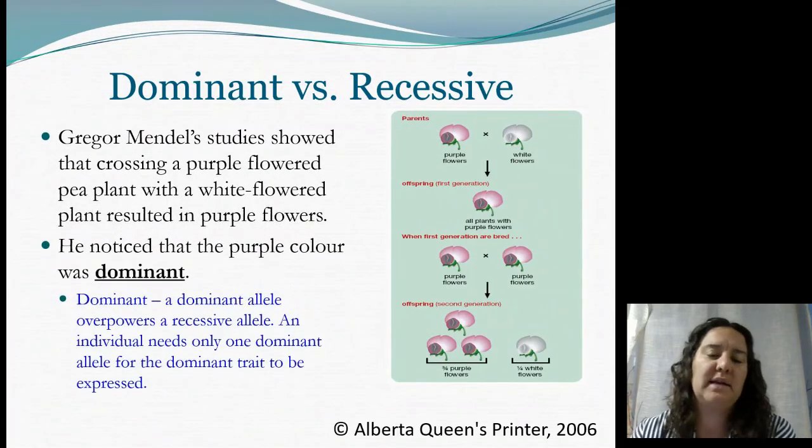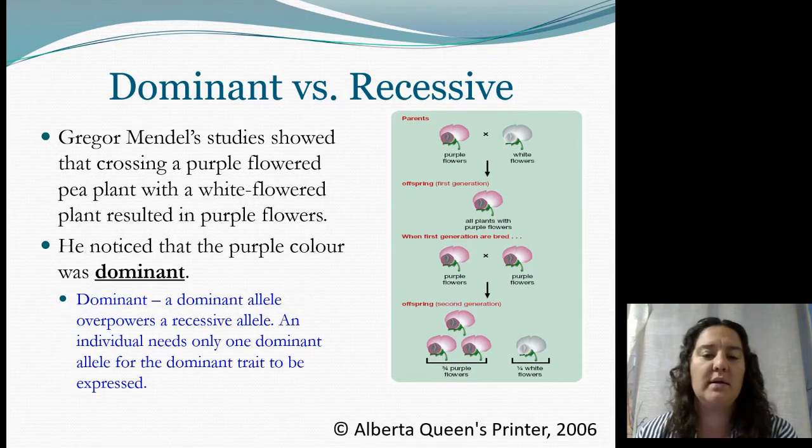When Gregor Mendel studied the plants in his garden, he showed that crossing a purple flowered pea plant with a white flowered pea plant produced only purple flowers. So he determined that the purple flower was dominant. A dominant allele overpowers a recessive allele, and an individual typically only needs one dominant allele for that dominant trait to be expressed.